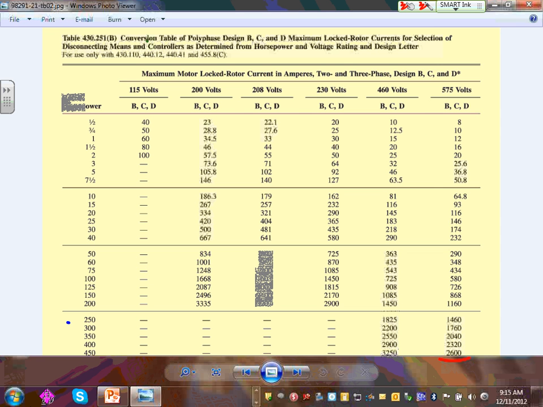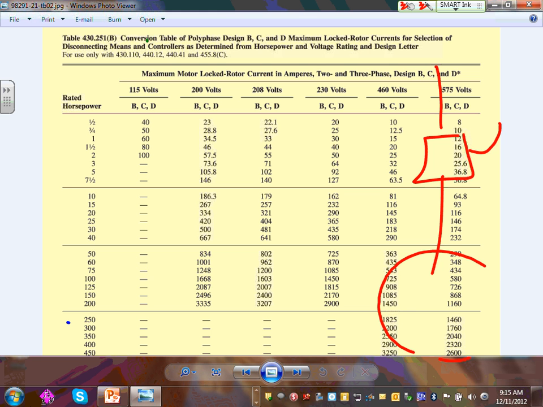Here's my disconnect, and I need to size my disconnect horsepower rating. I have a motor, and this motor's locked rotor current equals 300 amps, and the motor is running at 480 volts. Size the disconnect for this motor.